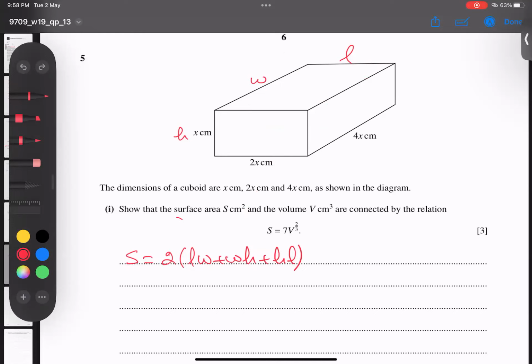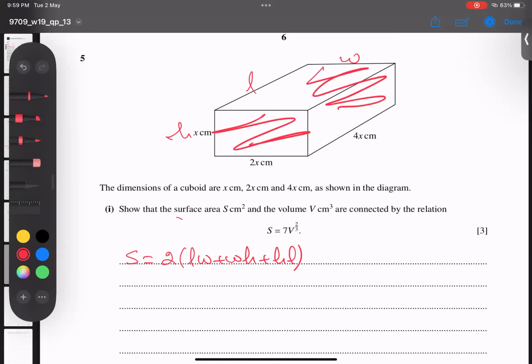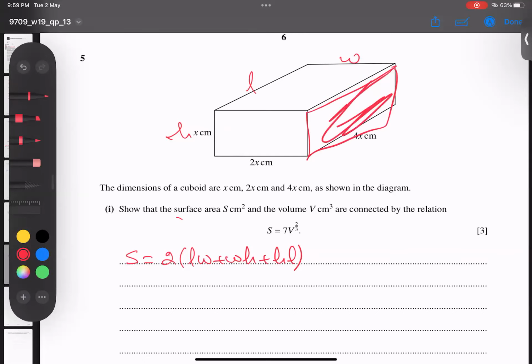Width into height, width into height, and front area and back area, so again into 2. And the last one is length into height into 2, because front and back. So there are 2 shapes each. This is the way.